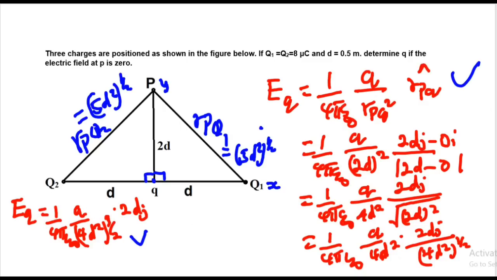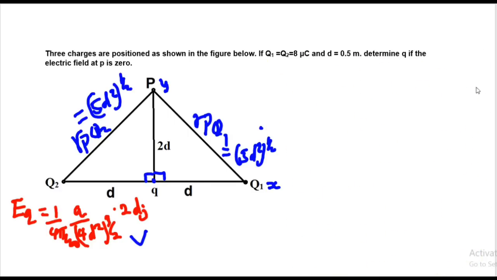Once we sum the contributions of the electric field, the electric field due to Q2 plus the electric field due to Q1 plus the electric field due to Q at this point should equal 0.